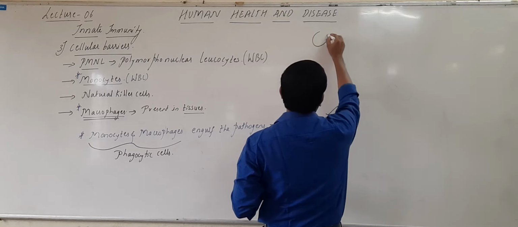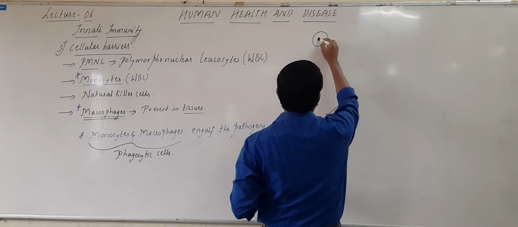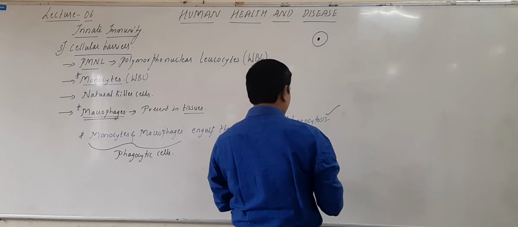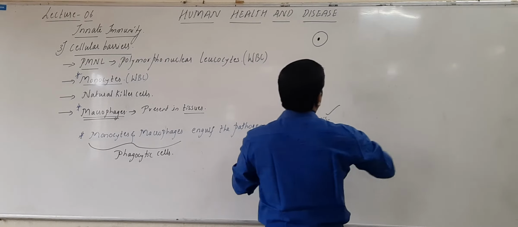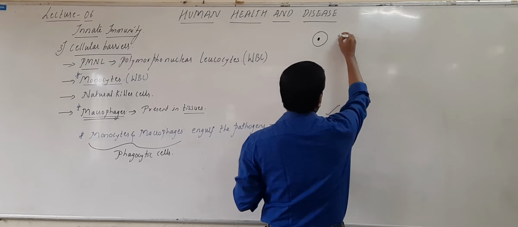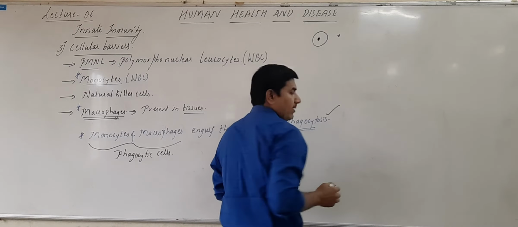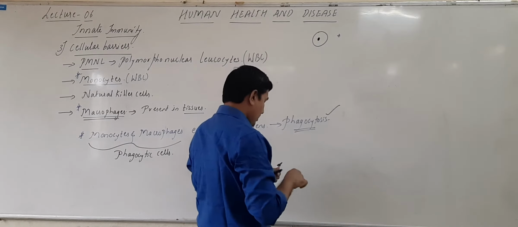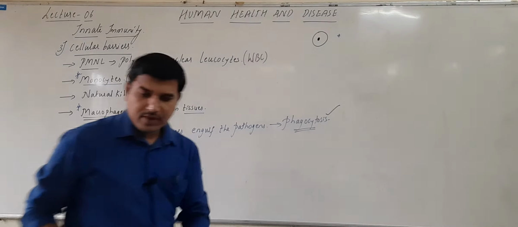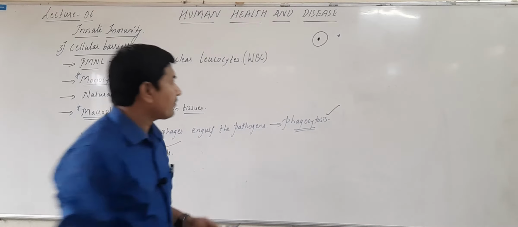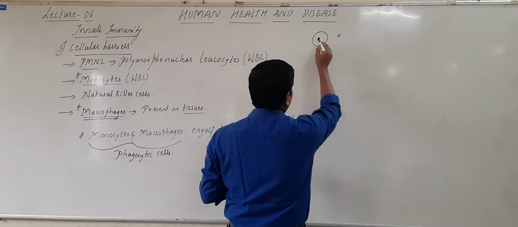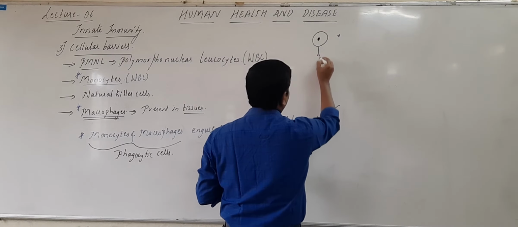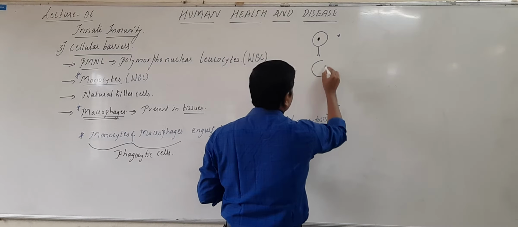Suppose let us consider this as a phagocytic cell, a macrophage cell, and outside its body, suppose the pathogen is there. Then what will it do? This macrophage cell produces pseudopodia-like structures.